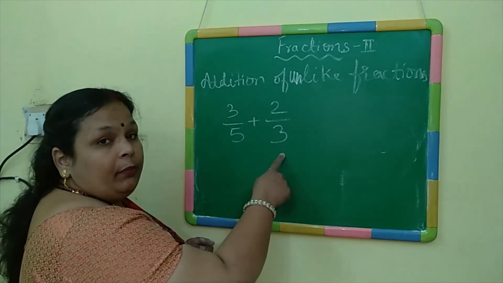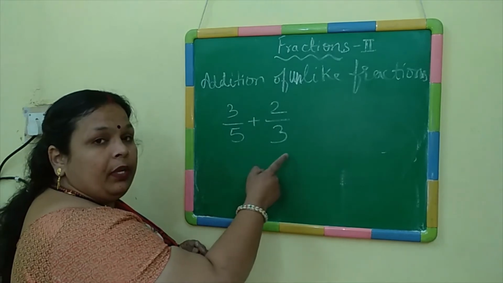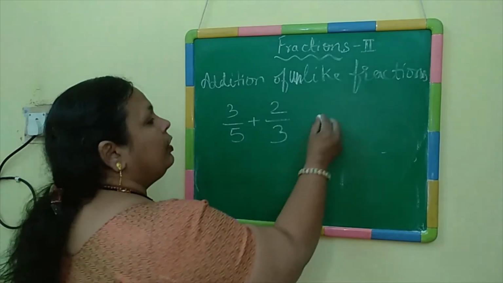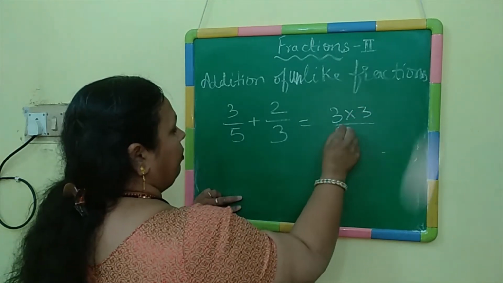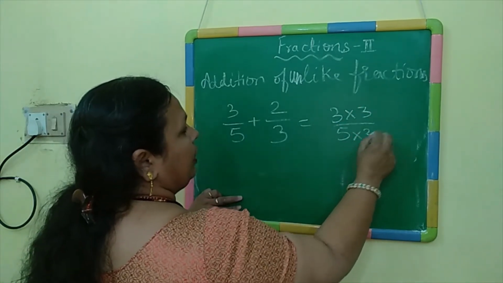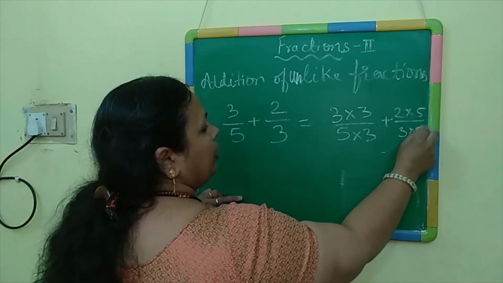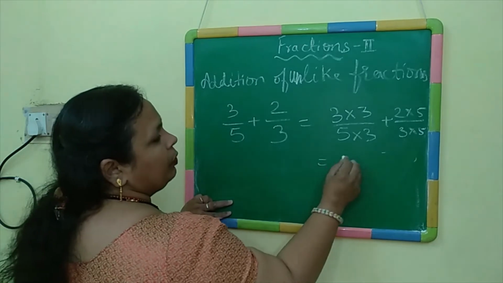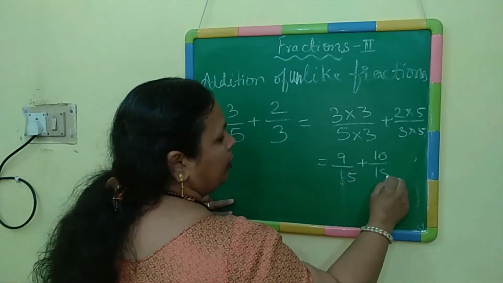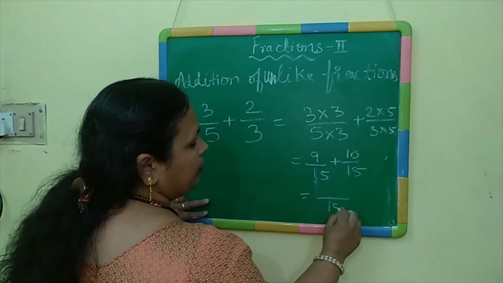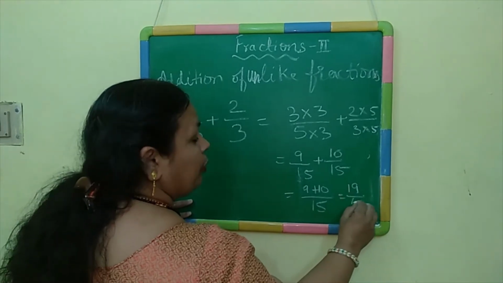The LCM of the denominators is to be taken. Now there is nothing common between 5 and 3. The LCM will be 5 threes are 15. So 3 into 3 by 5 into 3 plus 2 into 5 by 3 into 5, which will give you 9 upon 15 plus 10 upon 15, together 15, 9 plus 10 is 19 upon 15.